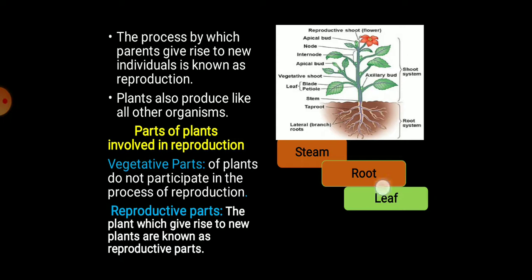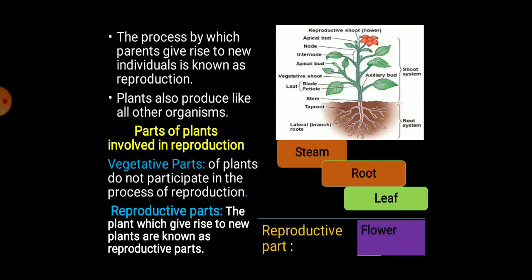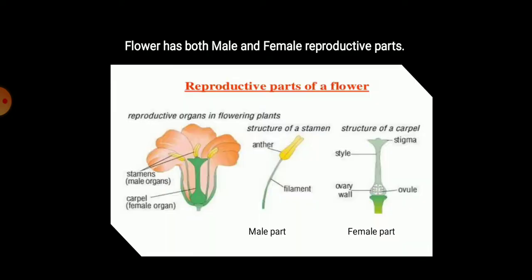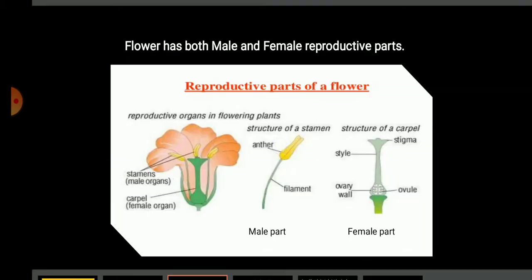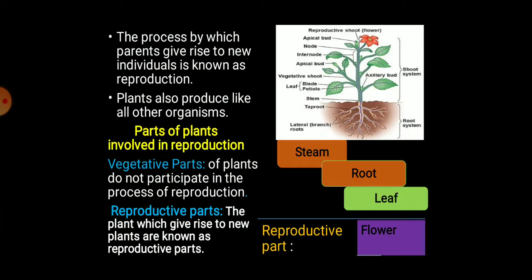The flower is the reproductive part of a plant, not the stem, root and leaf. So vegetative parts are those parts which do not take part in reproduction, whereas the reproductive part of a plant is the flower. It may vary depending upon the different types of plant, but generally the reproductive part of a plant is the flower.